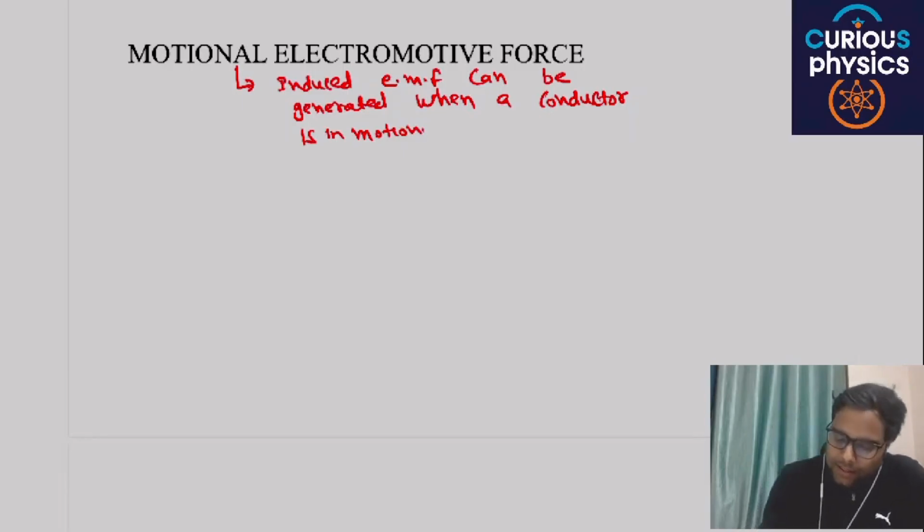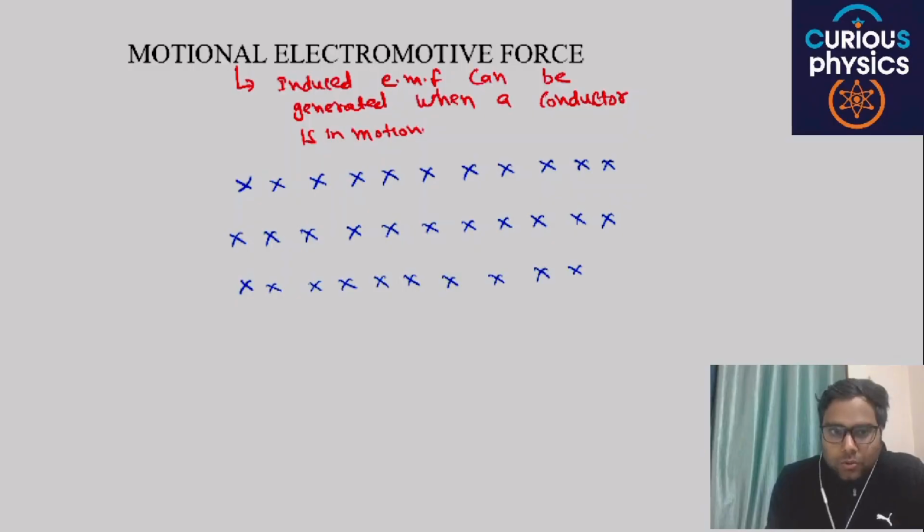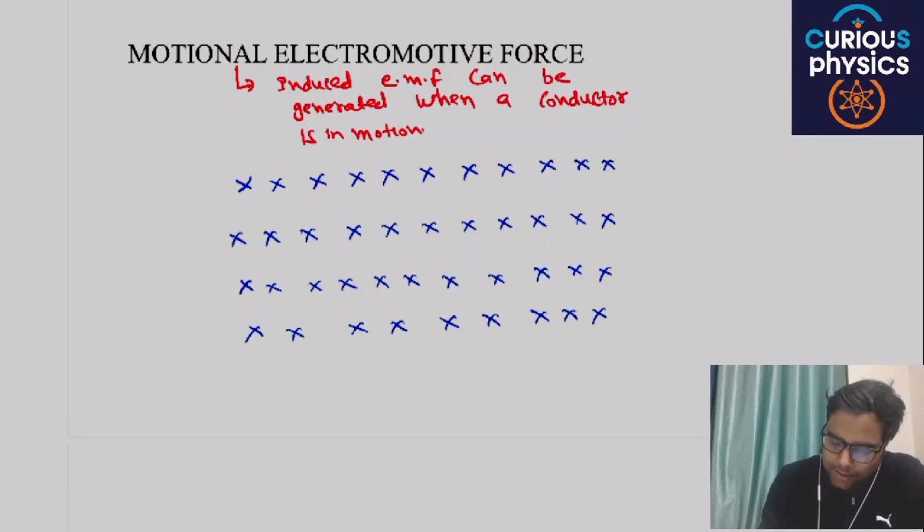Let's say there is a constant magnetic field B in a space, and this is a conductor.